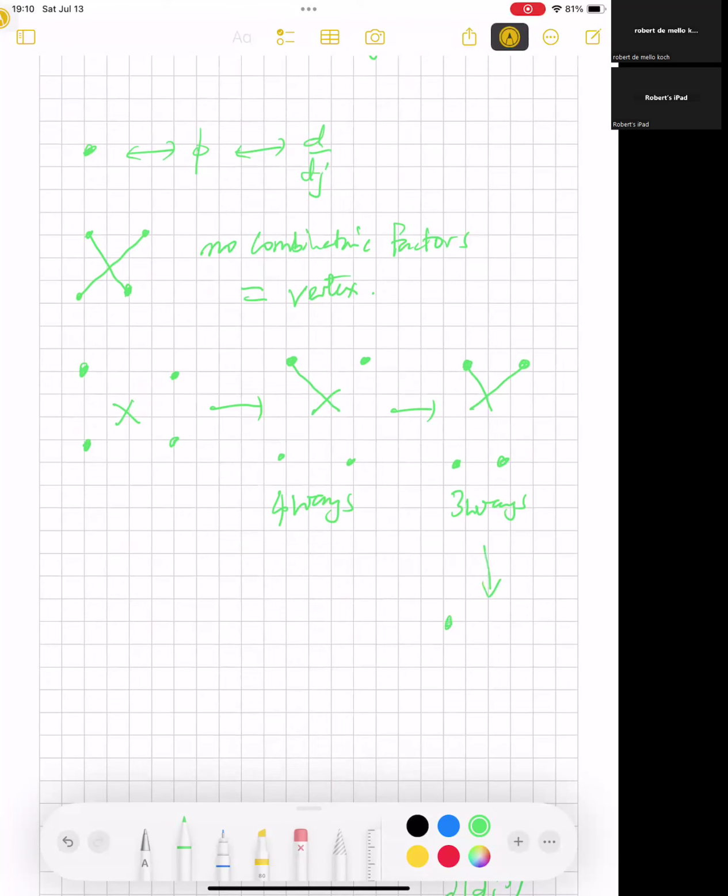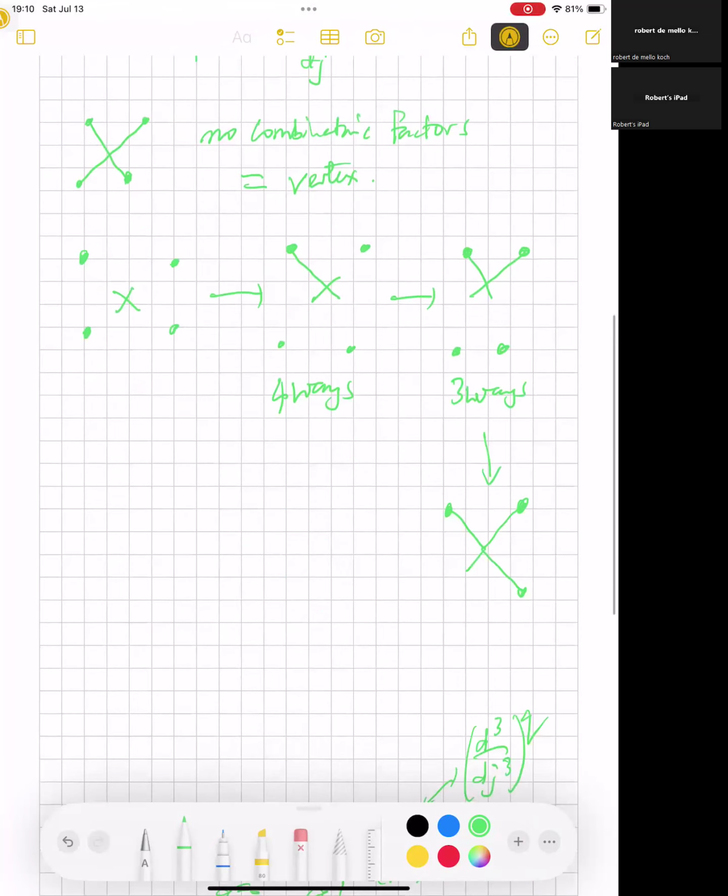And then we want to connect to one more dot. And now there were 2 ways to do it, because we could have connected either of the legs to the vertex, and then finally we can link up the diagram, and there's only one way to do it.